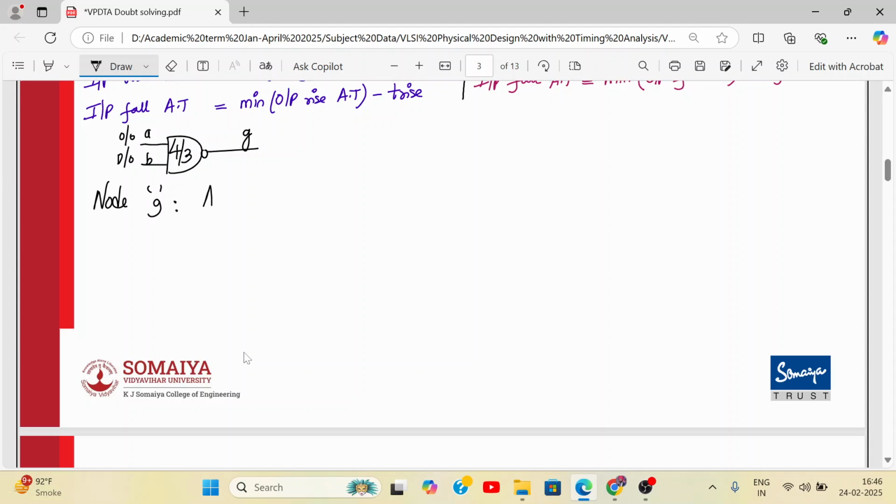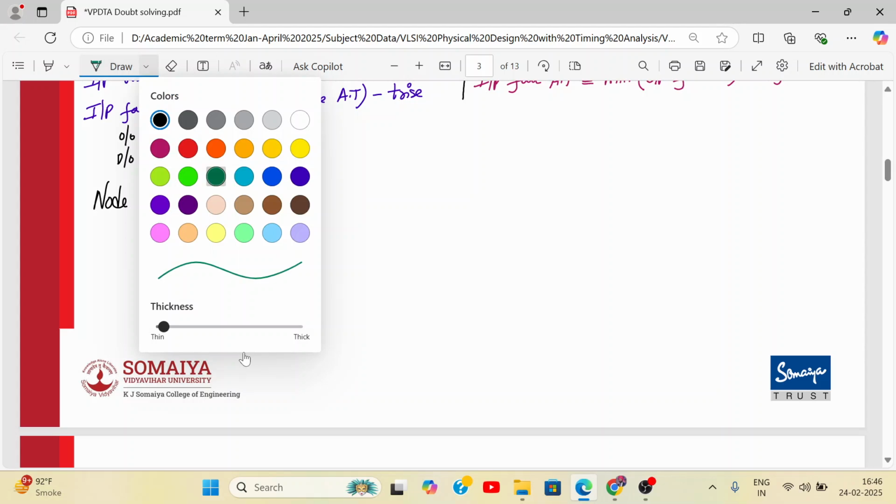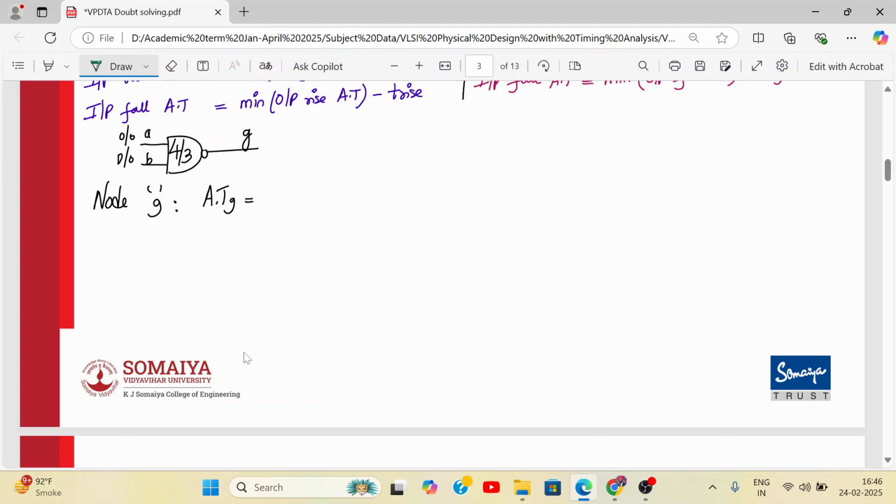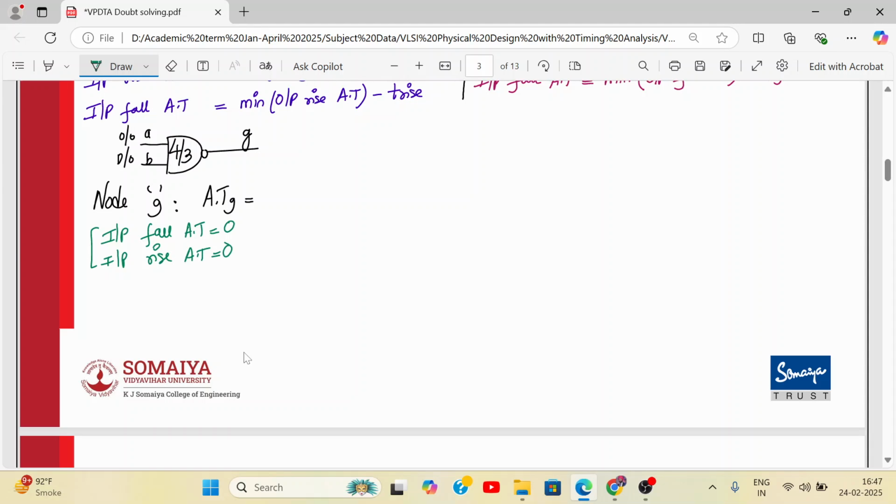So let us calculate the arrival time at node G. For that we require the input fall arrival time and input rise arrival time. Input fall arrival time is 0, input rise arrival time is 0. So both are 0, 0, so no need to take the maximum or minimum value. The rise delay associated with the NAND gate is 4, and the fall delay is 3.